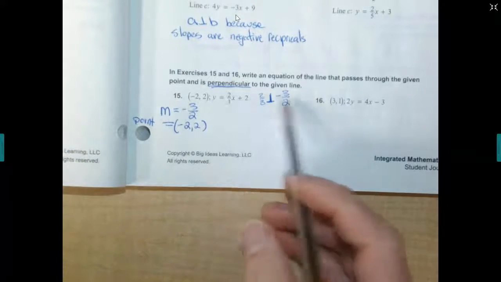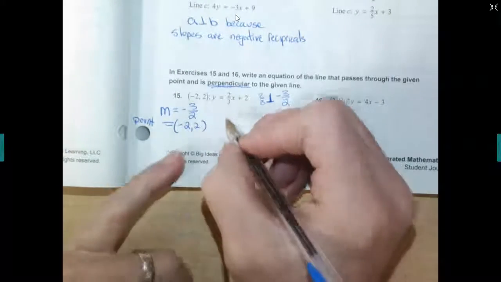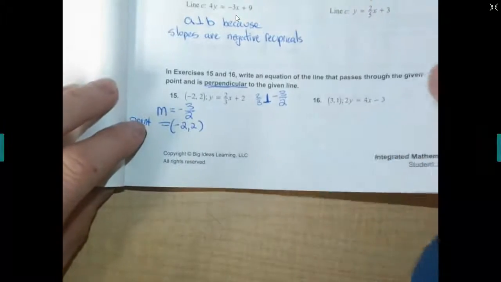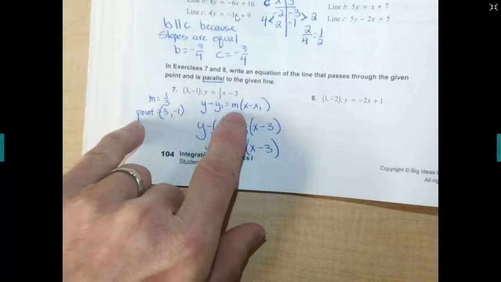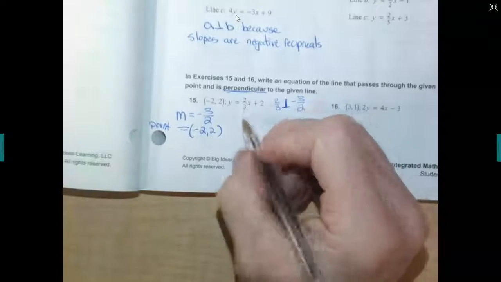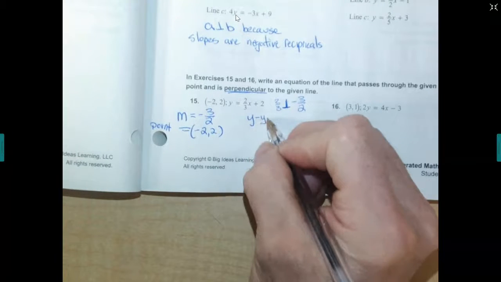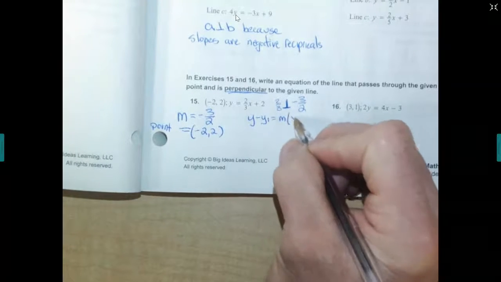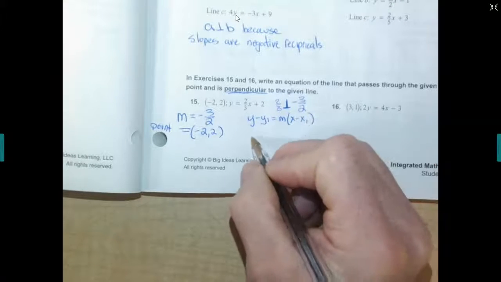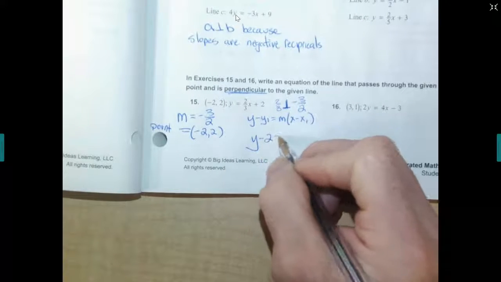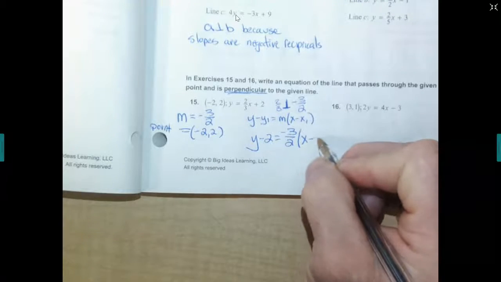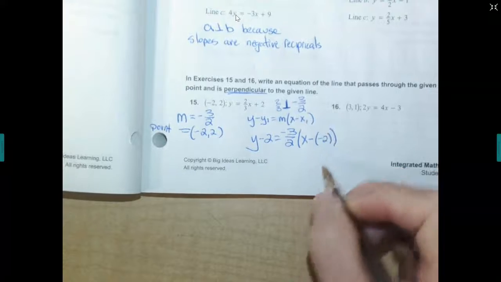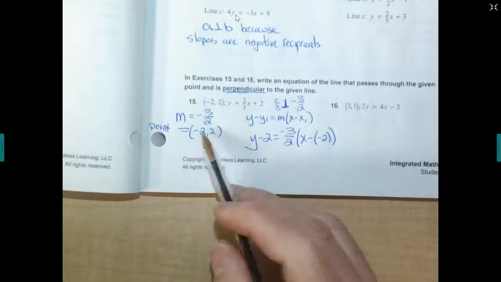I got my slope at a point, and I just put it into point slope form, which I already have written here. Y minus y1 equals m times x minus x1. So y minus 2 equals slope times x minus a negative 2.